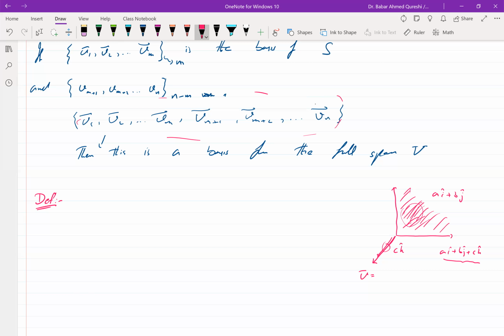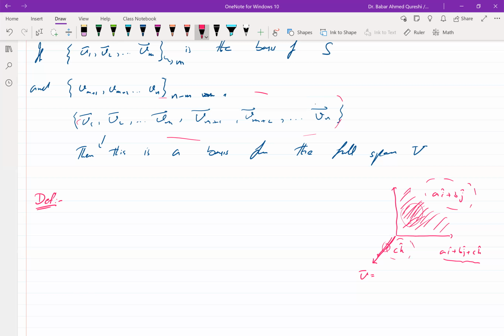So you can get an arbitrary vector of your full space by adding vectors from a subspace and the vectors from its orthogonal complement.